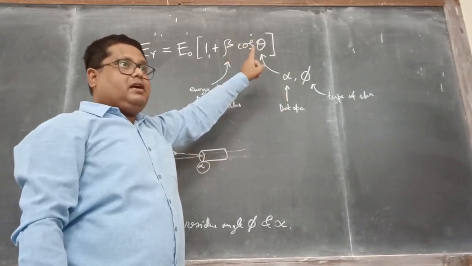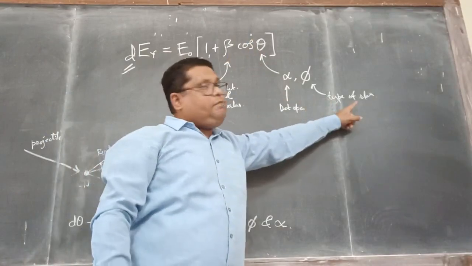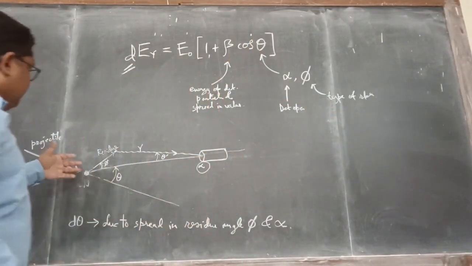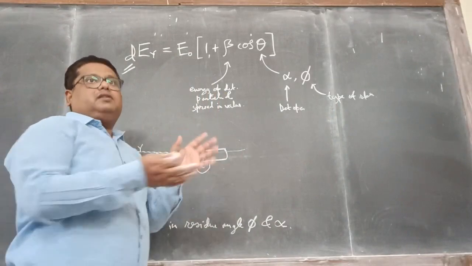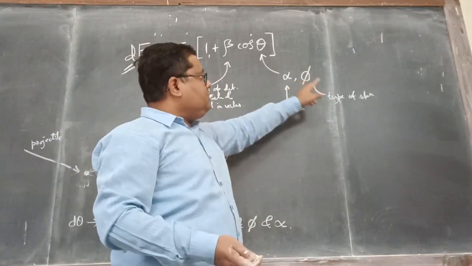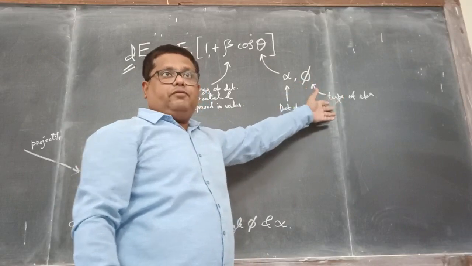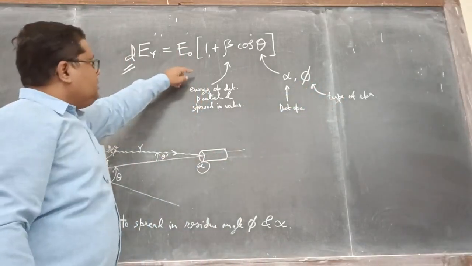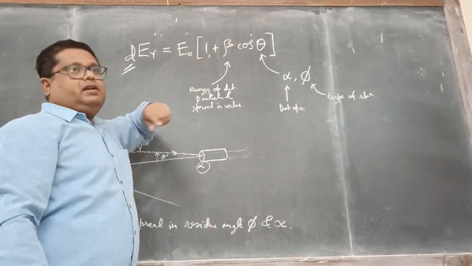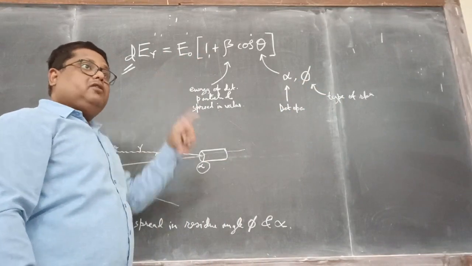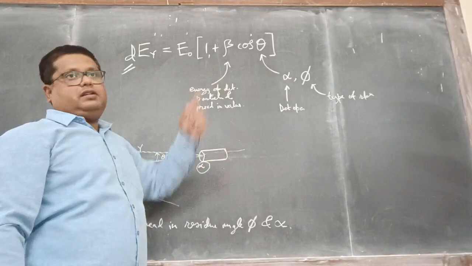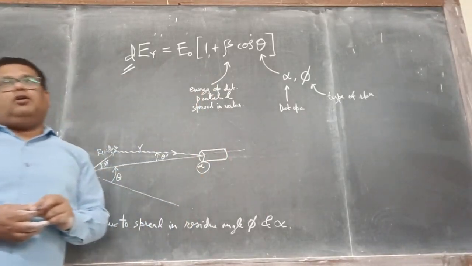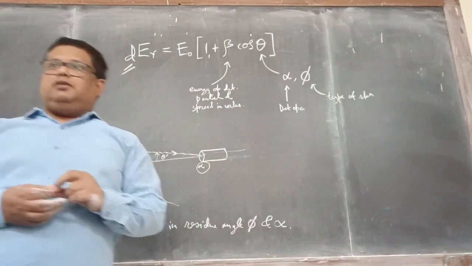Again, the effect of the type of reaction, the angle at which the residue is emitted, the spread, this phi, is also important. So the type of reaction. Next, the energy of the detected particle, beta. Then d beta is also involved, so the spread in the velocity of the detected particle. So all of these are important for Doppler broadening.